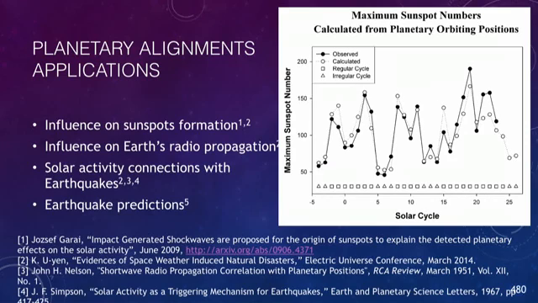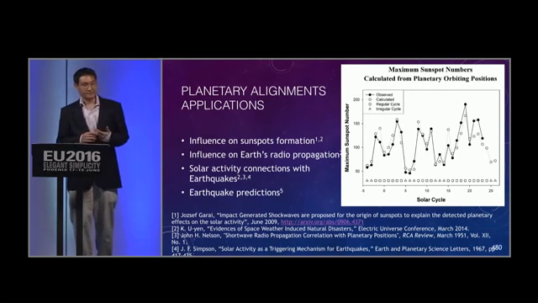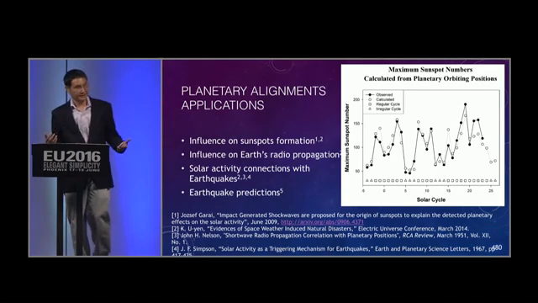The graph on your left-hand side, you can see that they use planetary alignment to predict sunspot formations over multiple solar cycles. But there are irregular cycles and regular cycles, so there are many details on that. Also, John Nelson has used this to predict radio propagation each day.